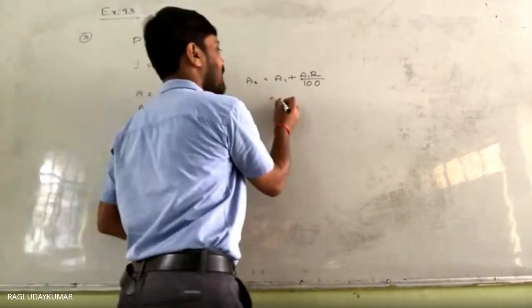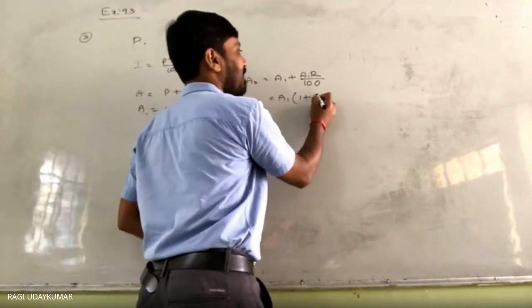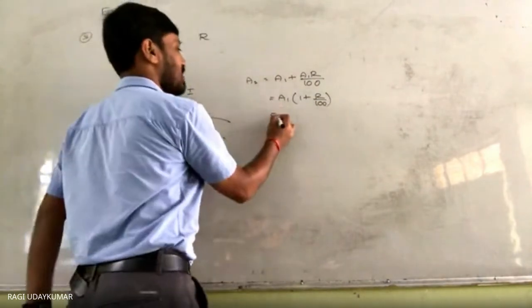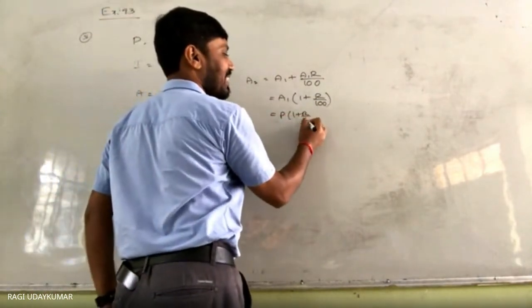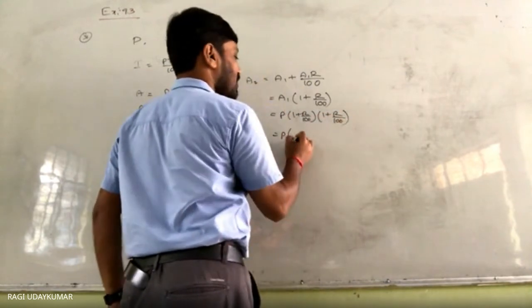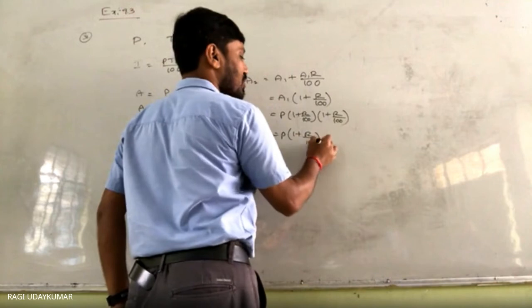So now if you take A1 common, you get 1 plus R by 100. Here A1 is nothing but P into 1 plus R by 100. So we are going to get P into 1 plus R by 100 whole square.